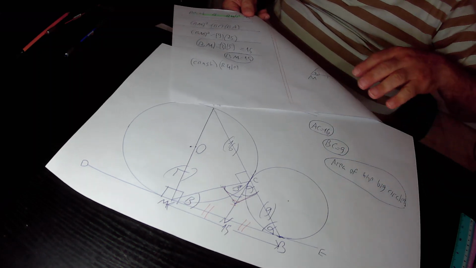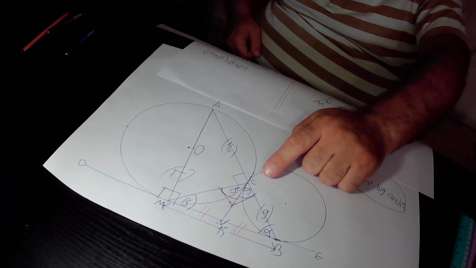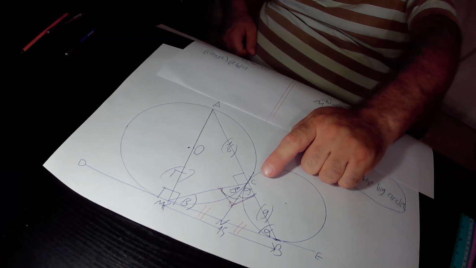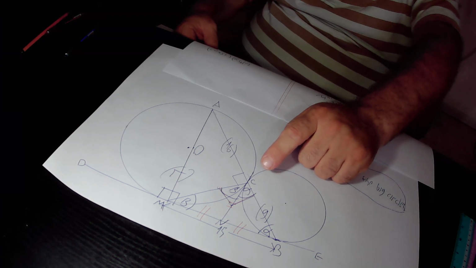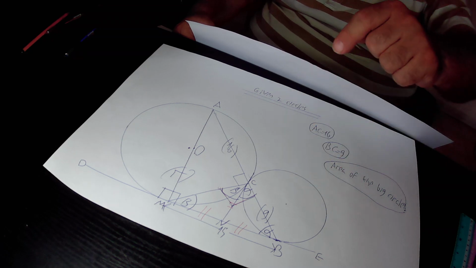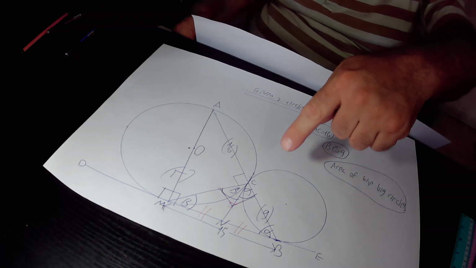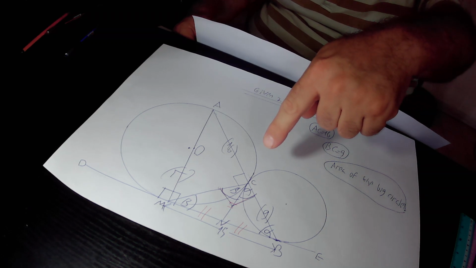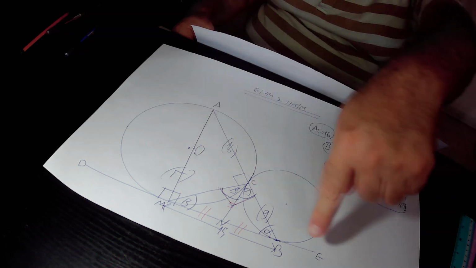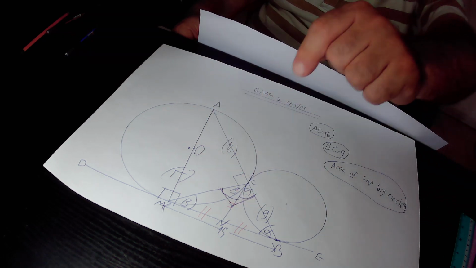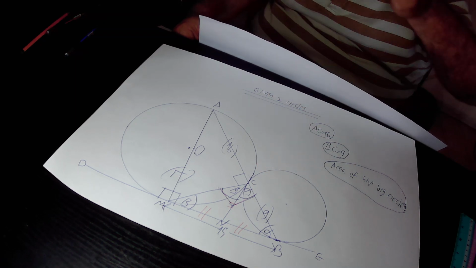In the next step, we did a construction. That is to say, from this point C, we drew a tangent, a common tangent to these circles. We defined the touching point of the common tangent from point C as point N. So actually, NC is a common tangent that belongs to both circles.